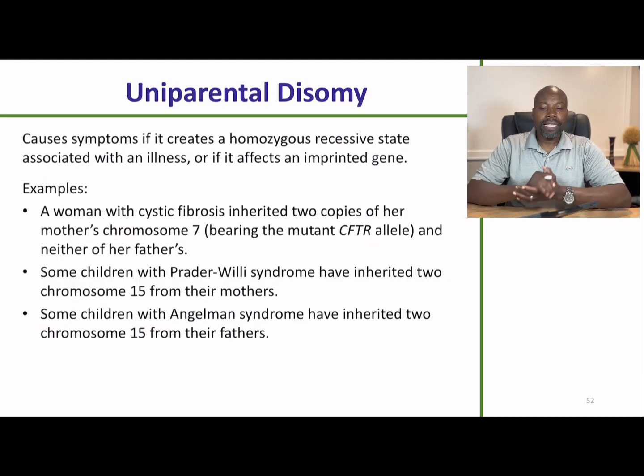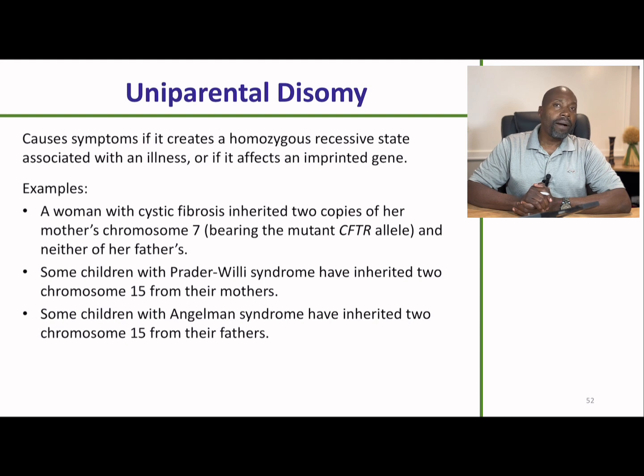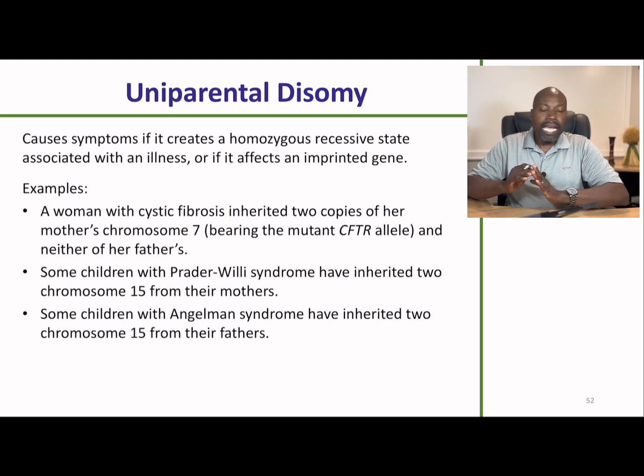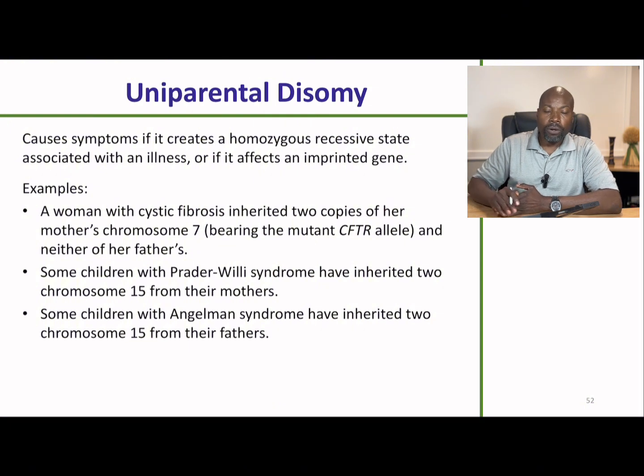So what are some examples of uniparental disomy? Some examples of uniparental disomy are, for instance, we do see this in cystic fibrosis when, say, dad never had any allele responsible for cystic fibrosis, but mom has the allele for cystic fibrosis, but mom is a carrier.